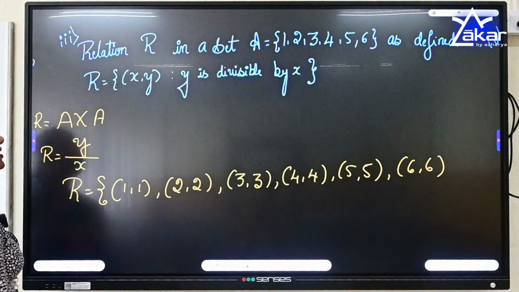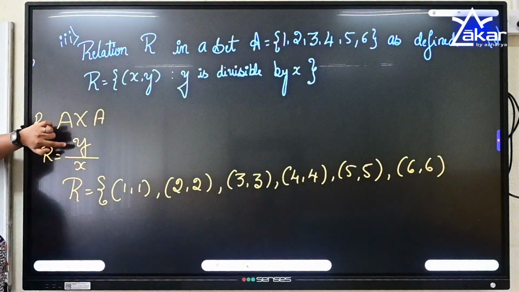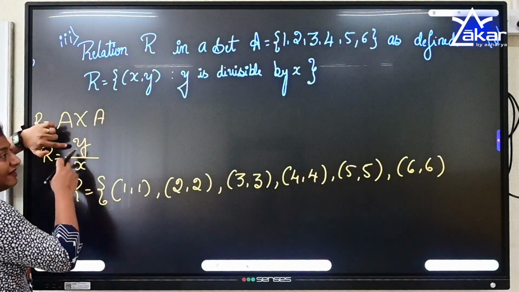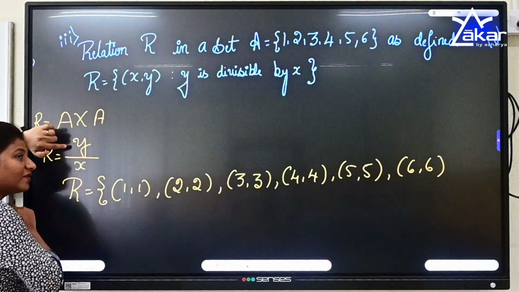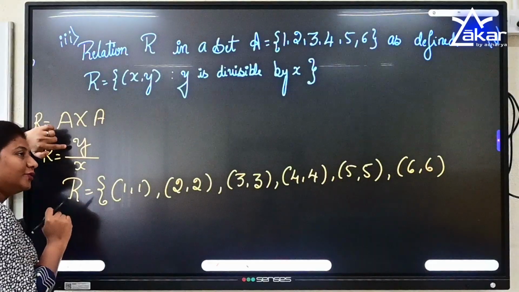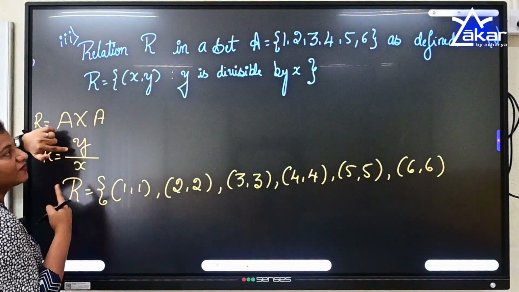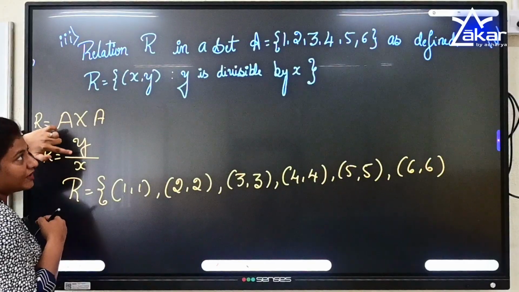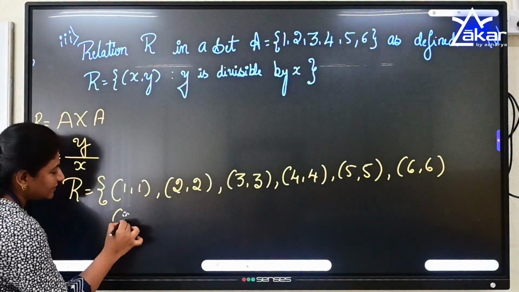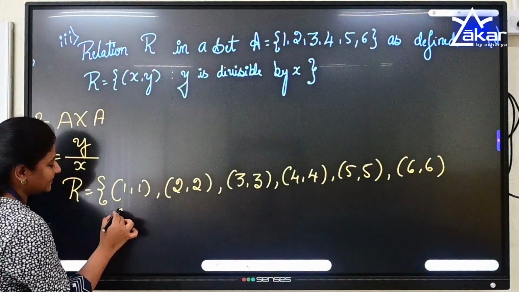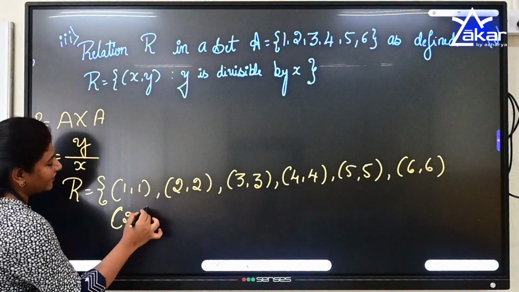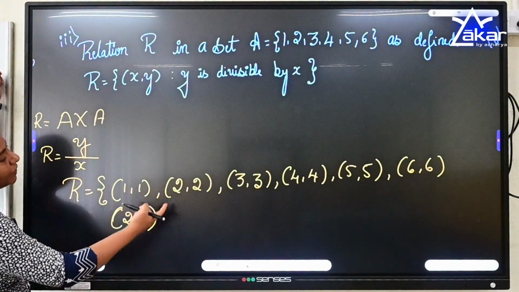Now you check the elements. If I put y equal to 1 and vary the elements of x, is it possible? No. After 1, you put y equal to 2. 2 divides the value of 1, so (2, 1) is present? Next, (2, 2) can be done.